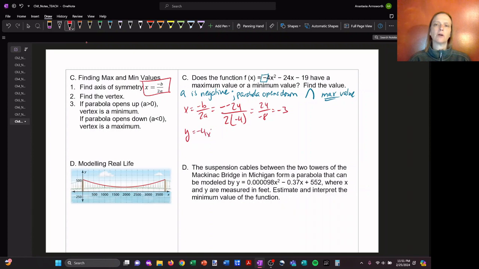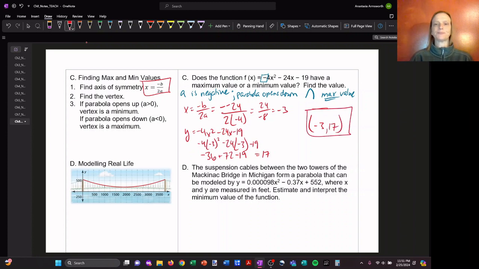So y equals negative 4x squared minus 24x minus 19. And I plug in the value negative 3 every time I see x. And I get negative 36 plus 72 minus 19, which all adds up to positive 17. So I have a max value at negative 3 comma 17.